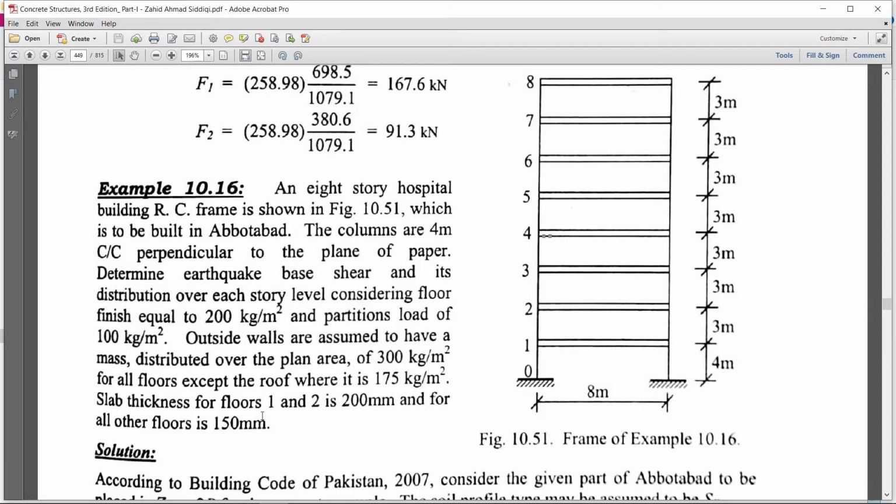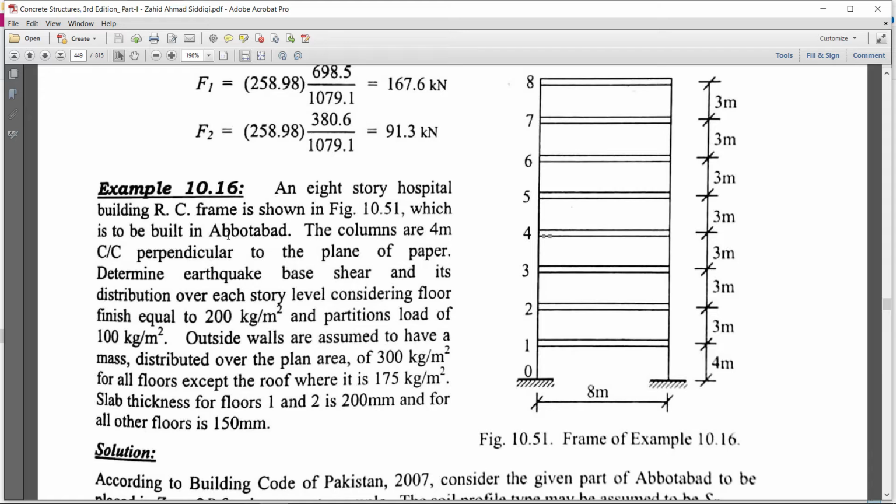Okay, first of all, the building will be built in Ahmedabad. So we have to find from the maps, from the building code of Pakistan, or if the city is in any country, Saudi Arabia or any other country.